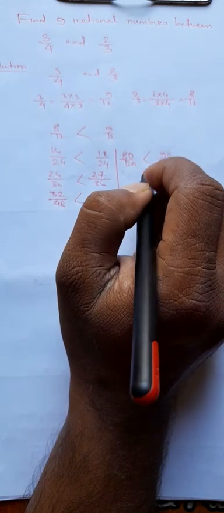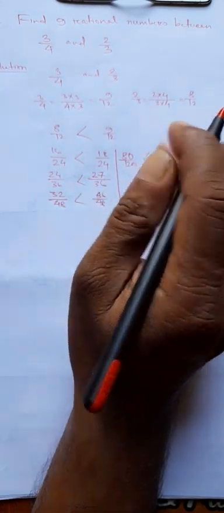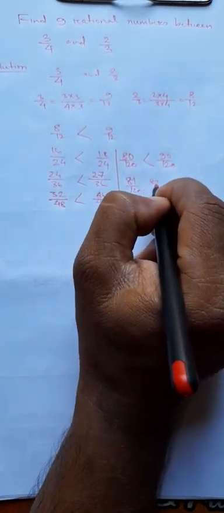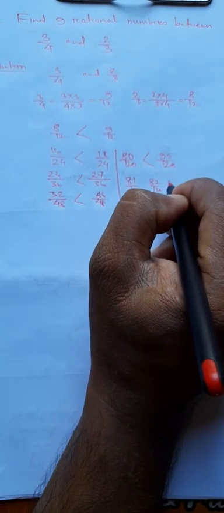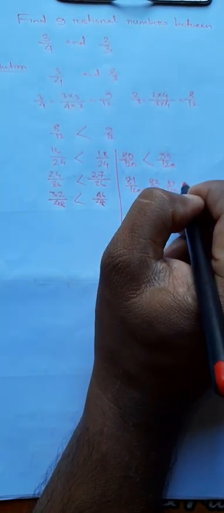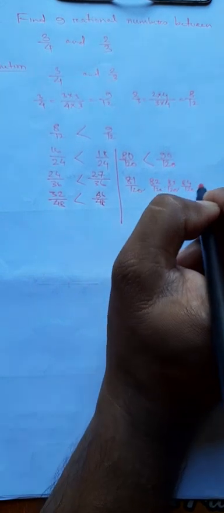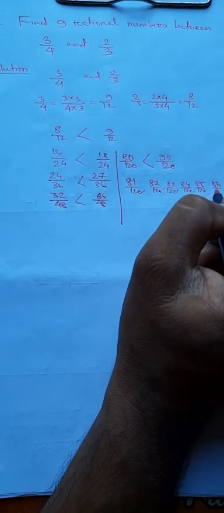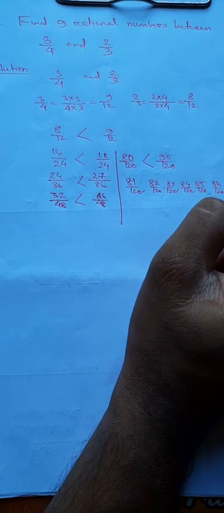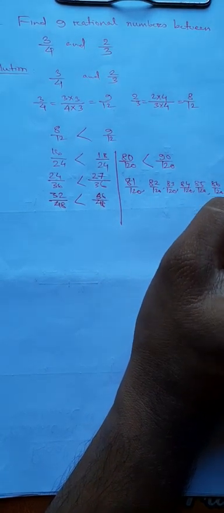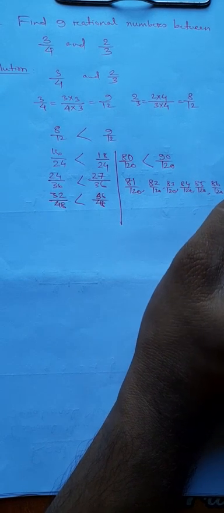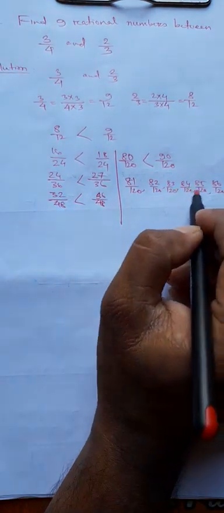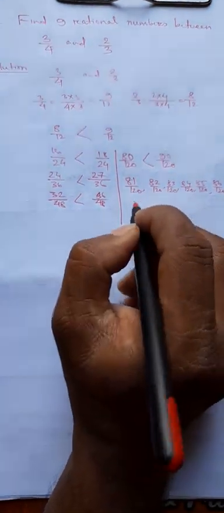Say for example 81/120, 82/120, 83/120, 84/120, 85/120, 86/120, 87/120, 88/120, 89/120. So how many rational numbers you got? 1, 2, 3, 4, 5, 6, 7, 8, 9. You got 9 rational numbers.